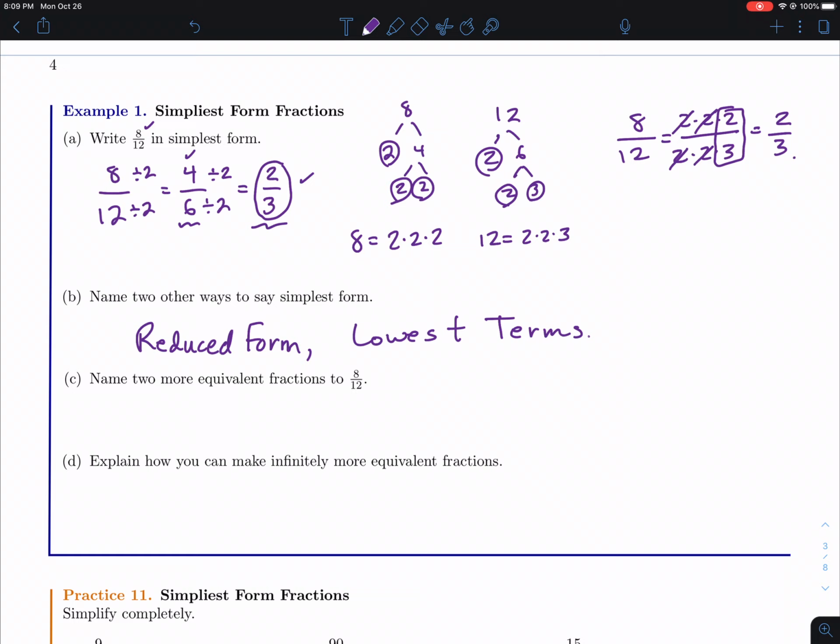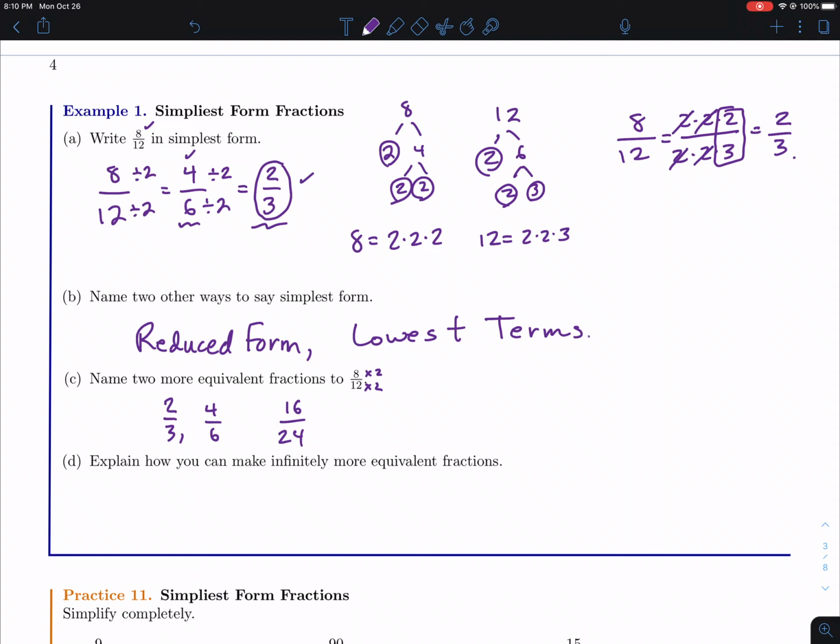Well, we could just cheat and do what we did above, and say 2/3 and 4/6. But you could also go the other way. Instead of dividing, I could multiply the top and bottom by 2 and get 16/24. So that would be another equivalent fraction in this case.